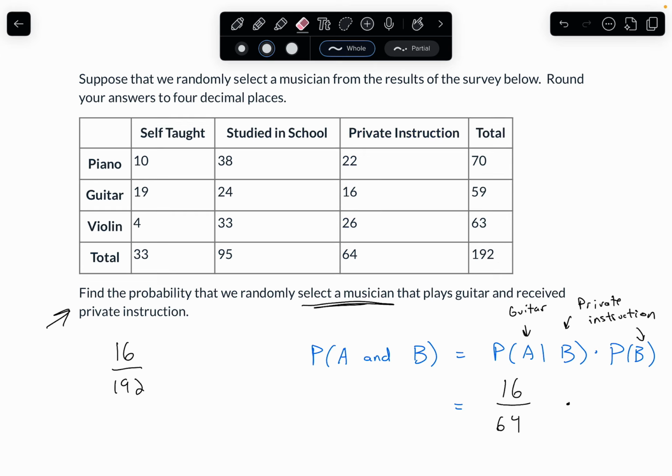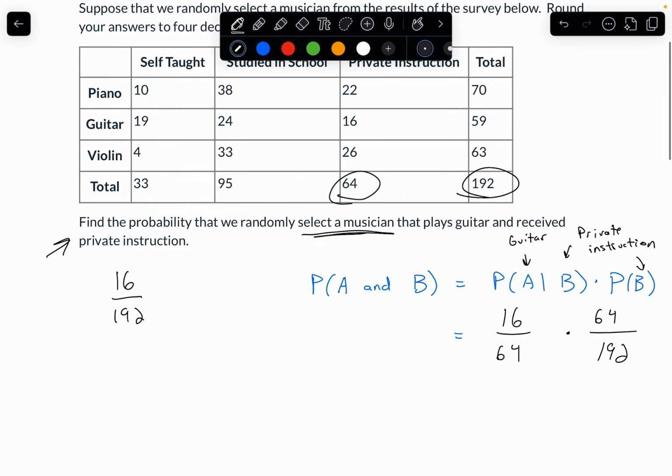So if I erase real quick, the probability that they received private instruction, I have 64 of those individuals, 64 out of a total of 192. And I would just multiply these together, and if we remember what we know about multiplying fractions, you can reduce across a fraction multiplication, which would mean 64 and 64.